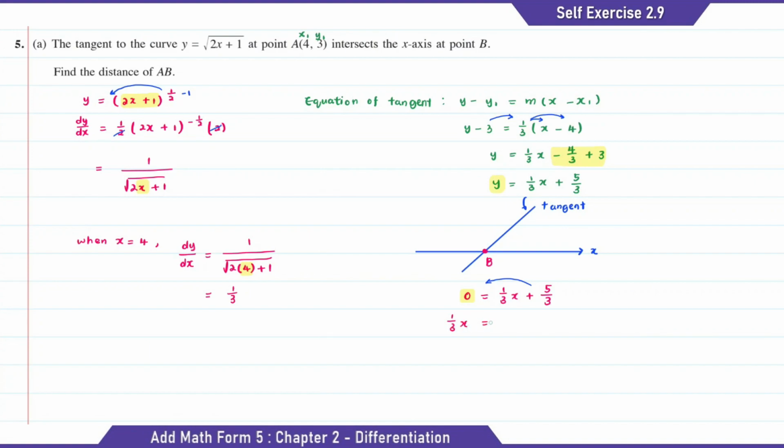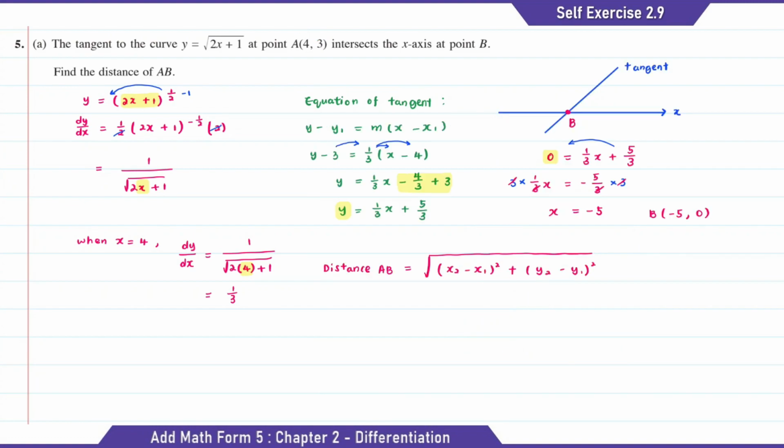Then 1 over 3 x equals negative 5 over 3. Then multiply 3 on both sides, so the 3 will be cancelled. Then x is equal to negative 5. Then the coordinates of B will be (negative 5, 0).